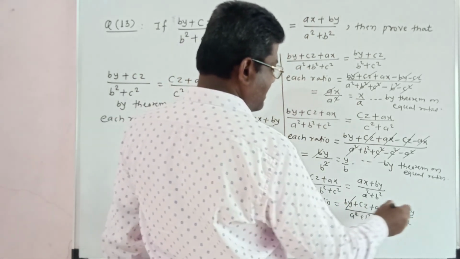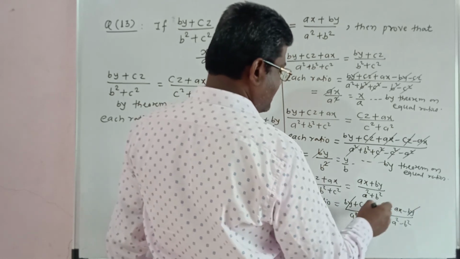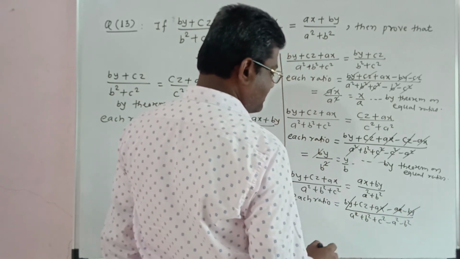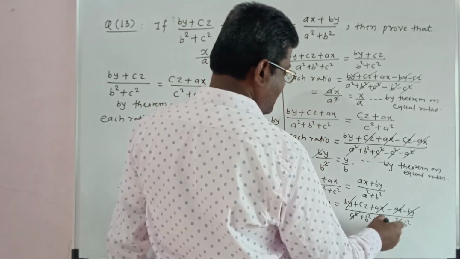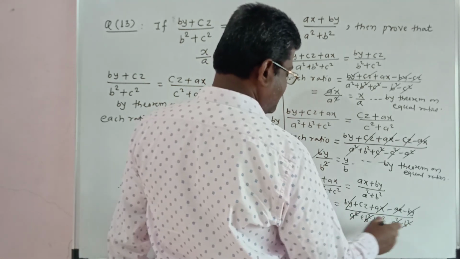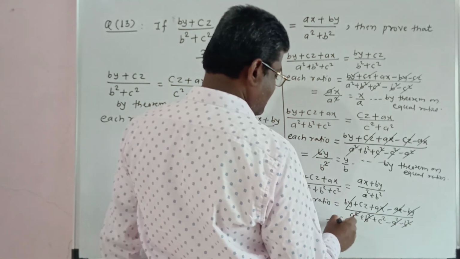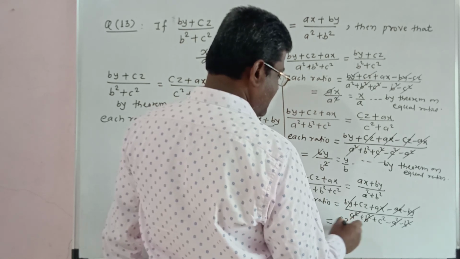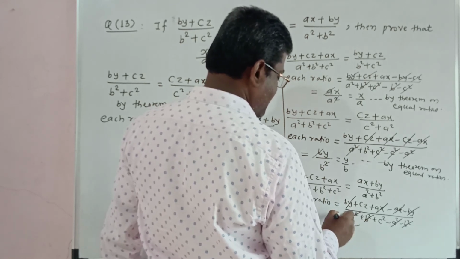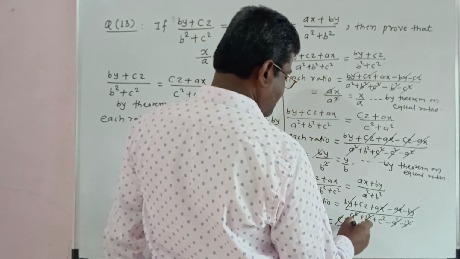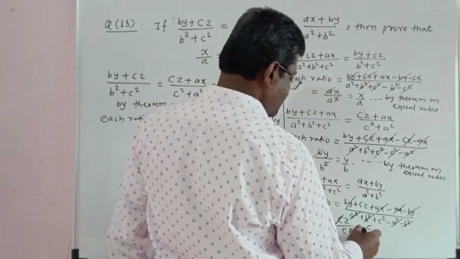This plus by minus by will get cancelled, ax minus ax as well. Here a square and minus a square, b square and minus b square will get cancelled. It is equal to cz upon c square, c is cancelled, equal to z upon c.